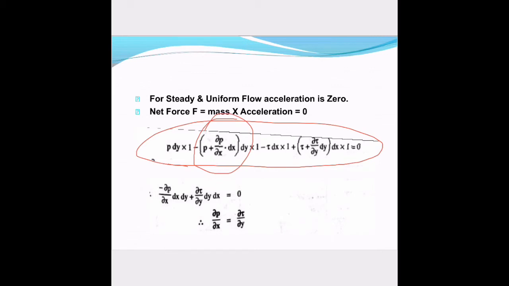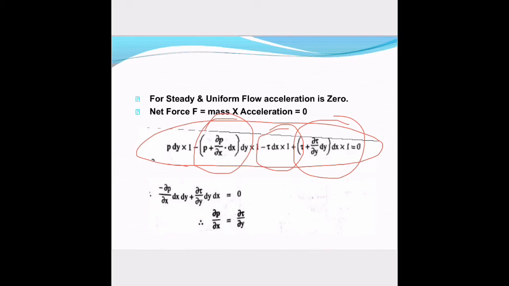Okay, so if you solve this equation, if you break all the brackets, if you multiply all the terms, some terms will be cancelled, and then you will get minus del P by del x into del y plus del tau divided by del y, del x del y equal to 0.